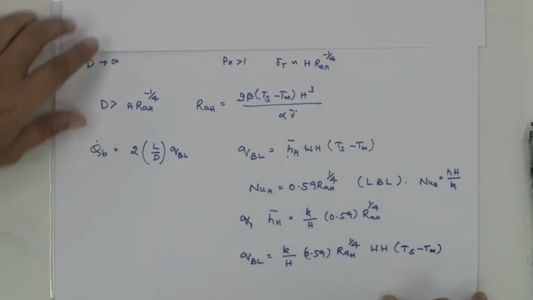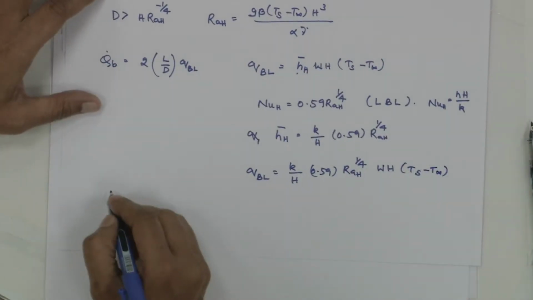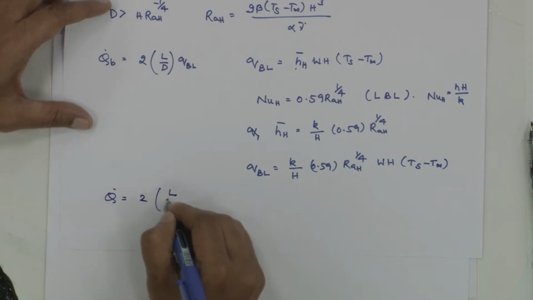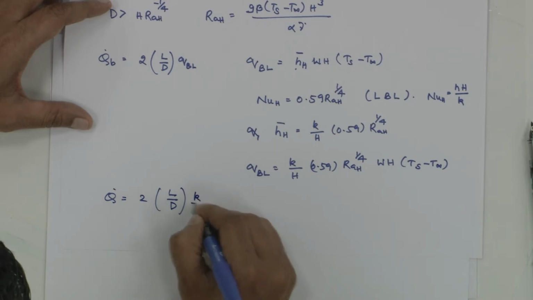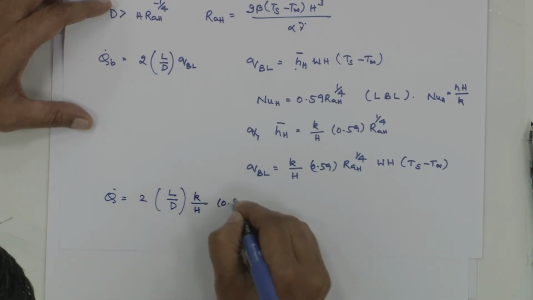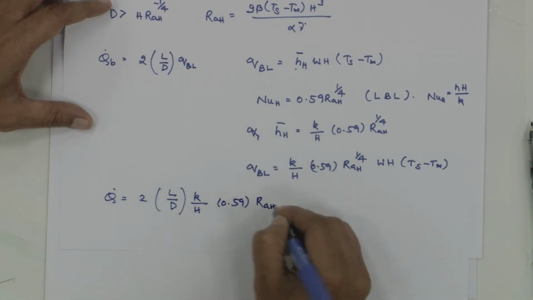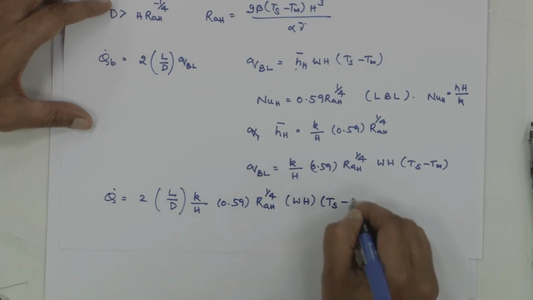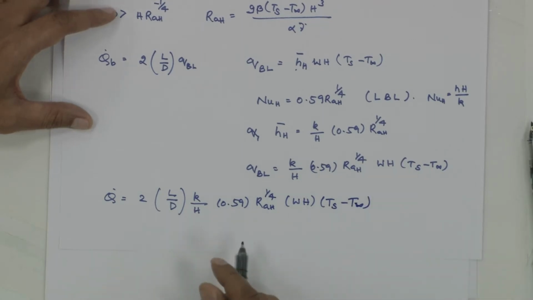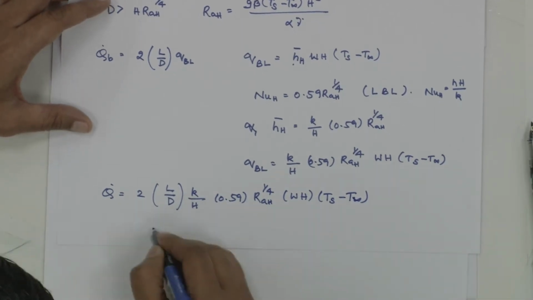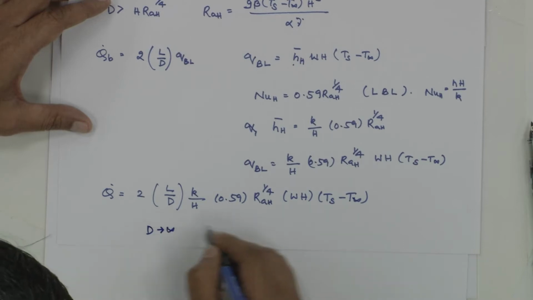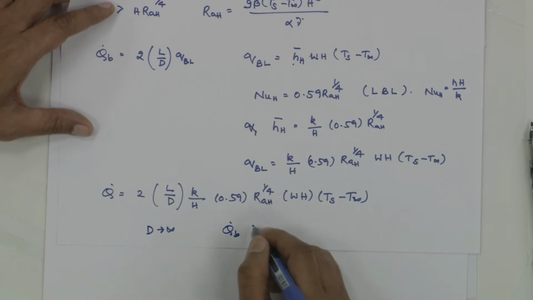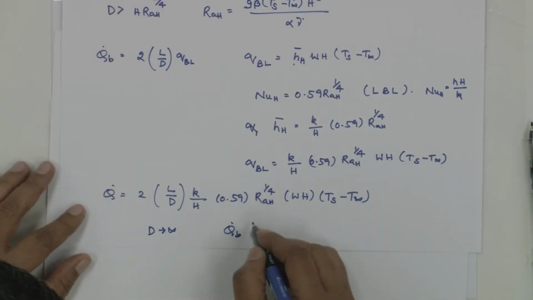Now if you substitute this in Q dot B, equal to 2 into L by D into K by H into 0.59 Rayleigh number to the power of 1 by 4 W into H into Ts minus T infinity. So you see that as D tends to infinity, that means as D increases, Q dot B increases.